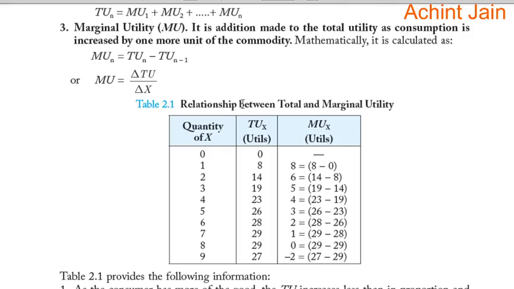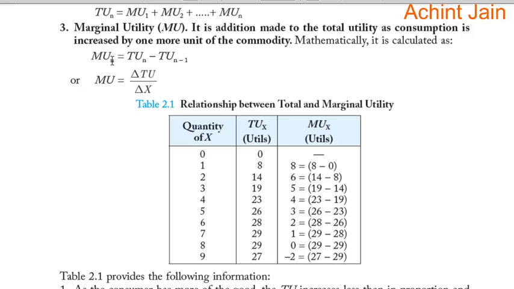Mathematically, MUn = TUn - TUn-1, or we have one more formula, MU = ΔTU / ΔX. ΔX or ΔQ, whichever you write. Here the triangle should be spoken as del. Del means difference.